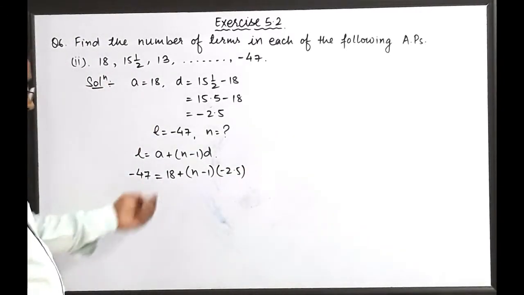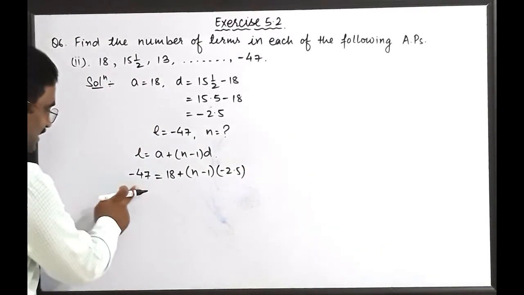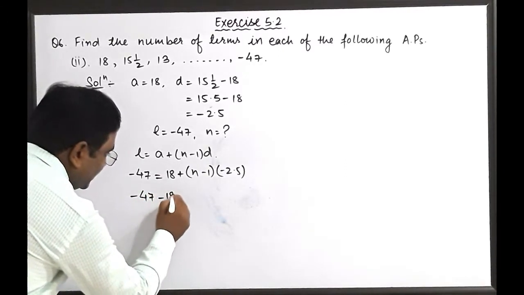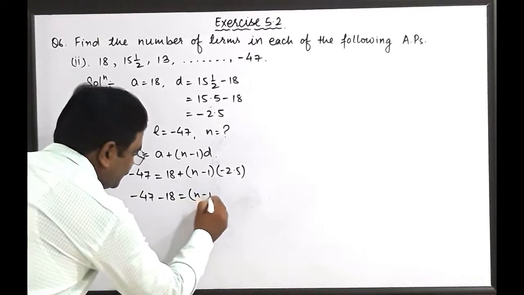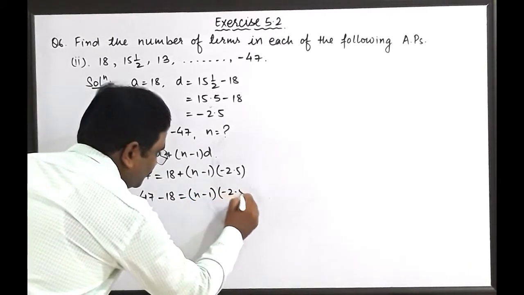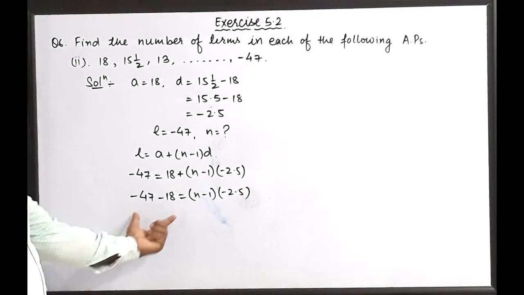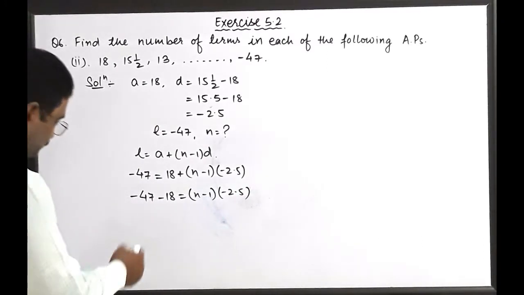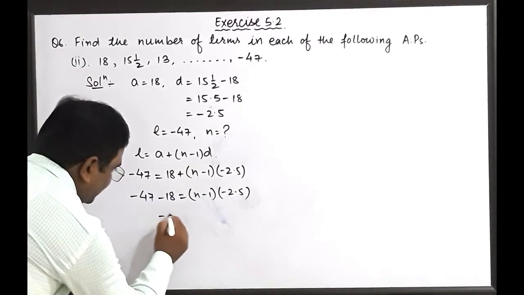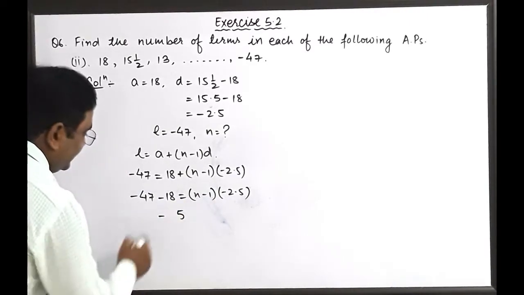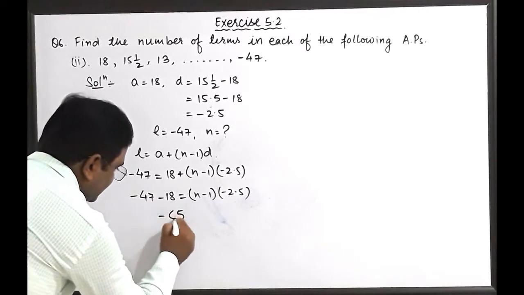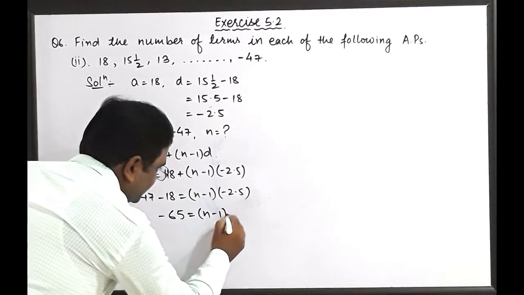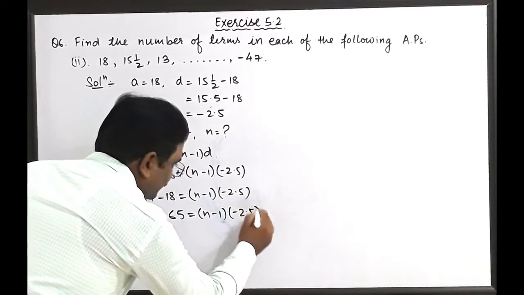Let us solve this equation. 18 you have to bring to the left side: minus 47 minus 18 equals (n minus 1) into minus 2.5. You have to add it. They both are having negative signs. So it becomes minus 65 equals (n minus 1) into minus 2.5.